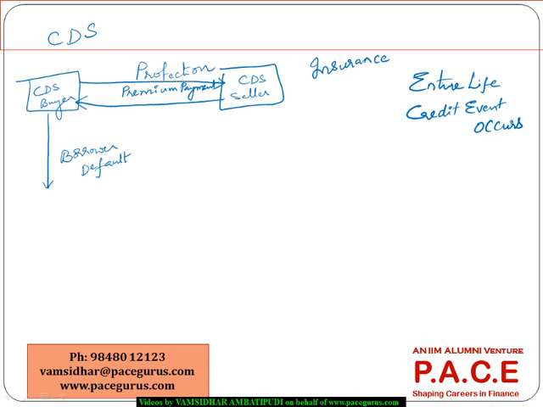Here it's not the same as your interest rate swap or a currency swap, where some notional amount is used and based on that the fixed and floating interest rates are exchanged. Here we are talking about default on some payment. So if the credit event occurs, then only the buyer gets a final settlement.